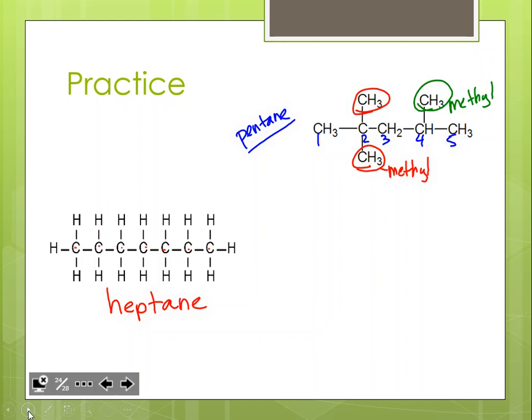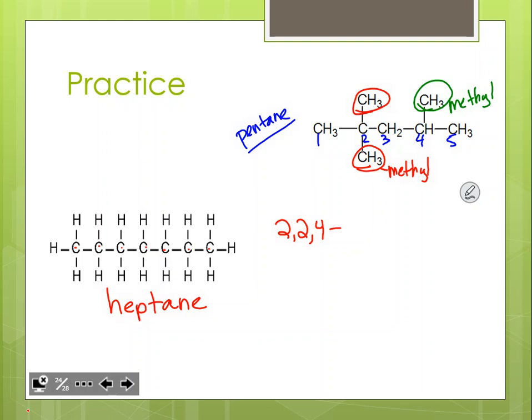So when we're writing out our substituent name here, the groups, the branches, I have 2 off of the 2 and 1 off of the 4. So this is how you would list it out. It's going to be 2, 2, 4. You have to put all the numbers down. There's 1 off the 2, another one off the 2, and another one off the 4.